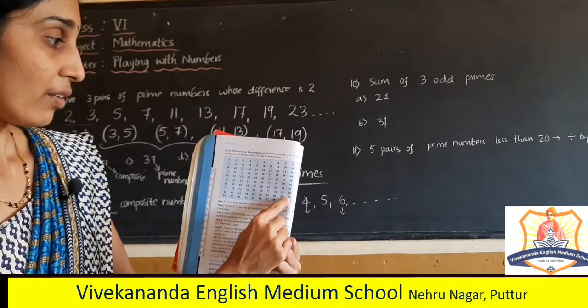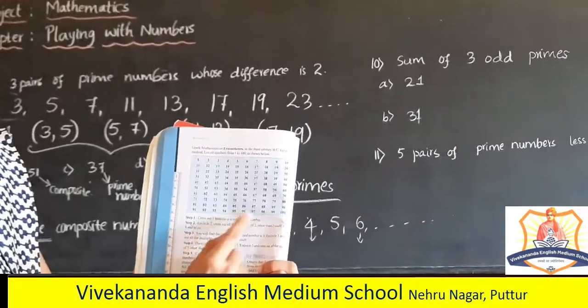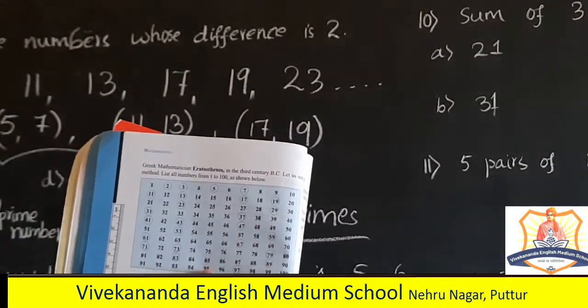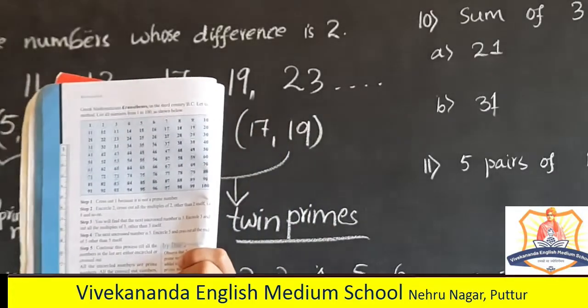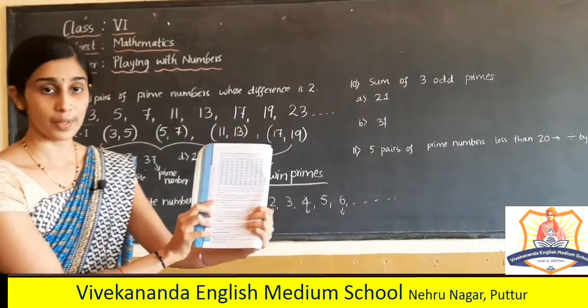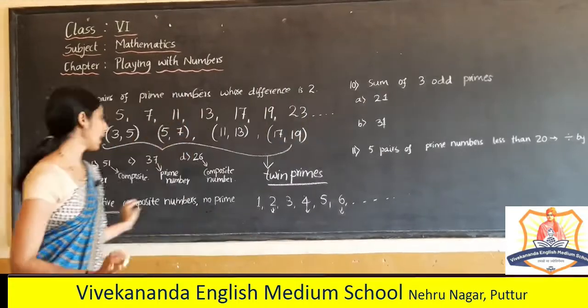So if I find 90, 91, 92, 93, 94, 95, 96, these are 7 consecutive composite numbers. In between we cannot find any prime numbers.